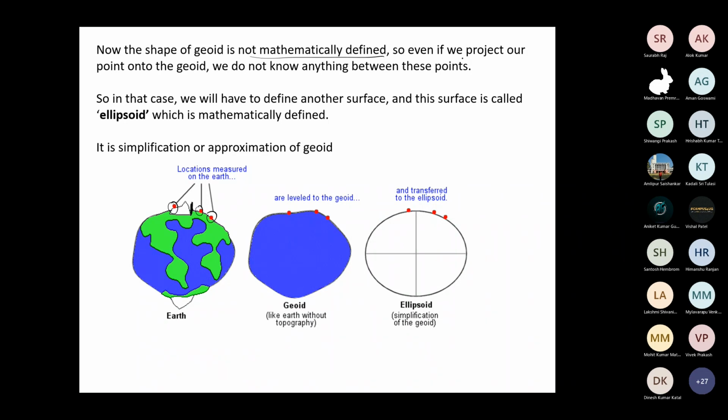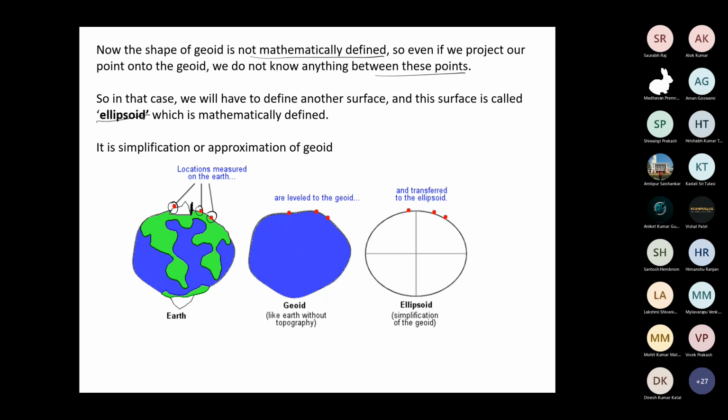Even if we project our points onto the geoid, we don't know anything between these points. So for simplicity, we have taken this water surface. In this case, we have to define another surface, and this surface is called the ellipsoid.